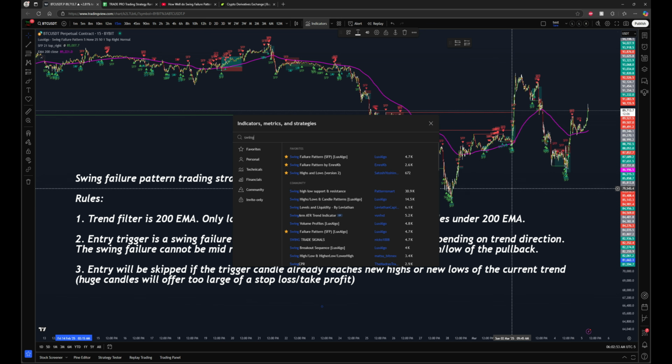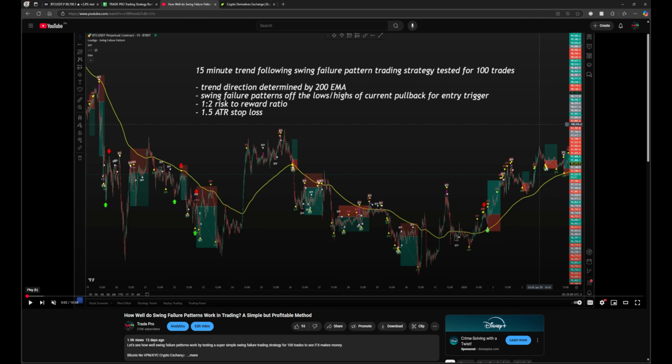We're going to be taking those as our swing failure pattern signals. I'm not going to be looking for swing failures that I can eyeball. I'm just going to be taking the ones given by these two indicators to keep it fully rules-based and not open for interpretation in any way. That's what I used in the previous video as well.